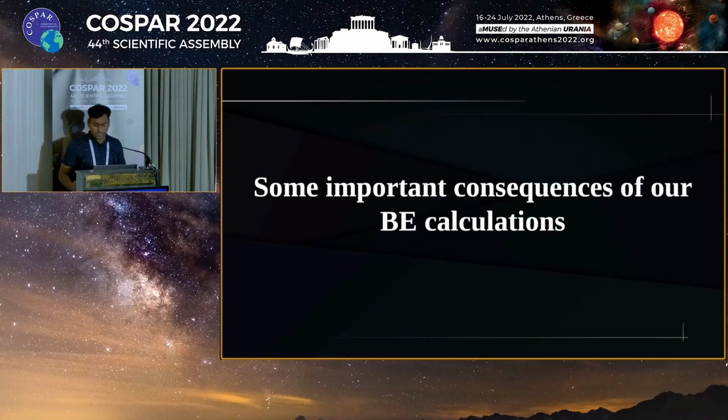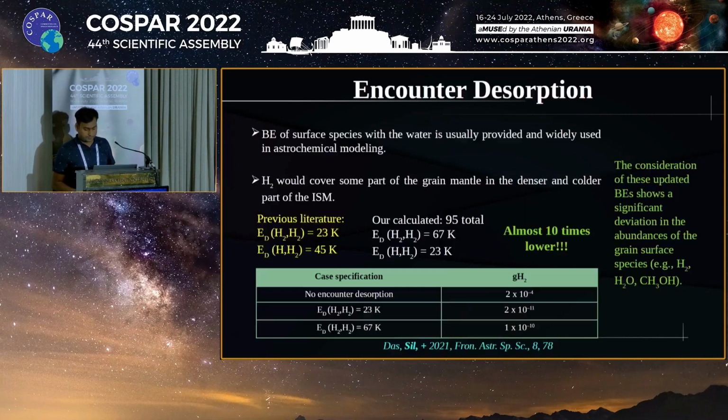Now I will discuss some important consequences of our binding energy calculations. First is encounter desorption. We know that water is the main content of the interstellar grain mantle, but in dense cloud regions there could be some H2 covering the grain mantle.